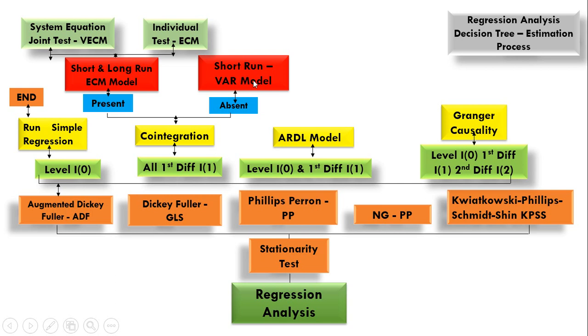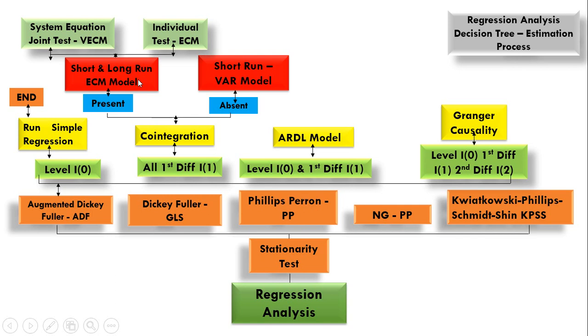You run it here in essence to actually check the significance of the relationship. Likewise, when the co-integration tells you that there's presence of a long-run relationship, you run what is known as the short and long-run error correction mechanism.